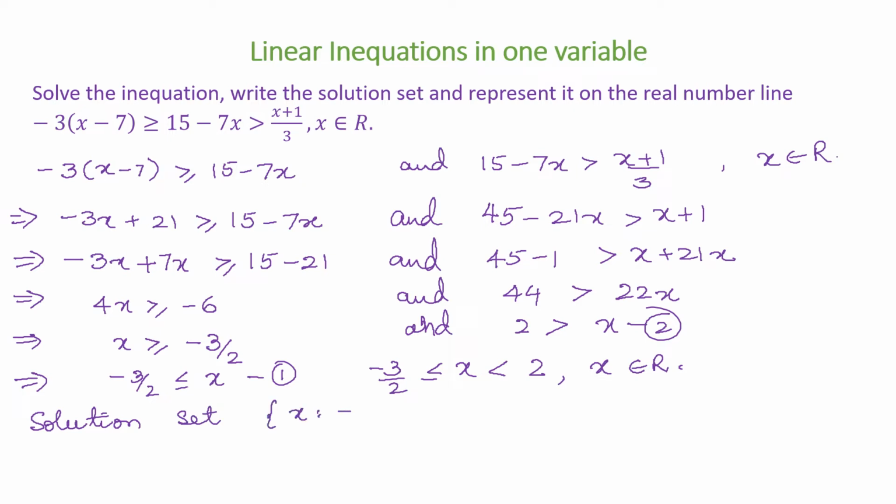x such that minus 3 by 2 is less than or equal to x is less than 2, x belongs to R. When I want to represent it on the number line, I will draw the number line.